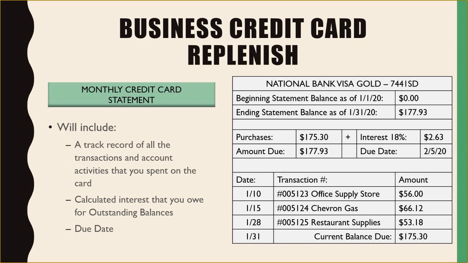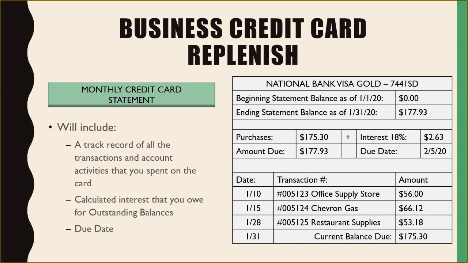Usually the day that you get approved for the credit card is going to be the date that you start your billing cycle. So it doesn't have to be necessarily January 1st to January 31st. That's just when we got approved. But usually it is within 30 days.